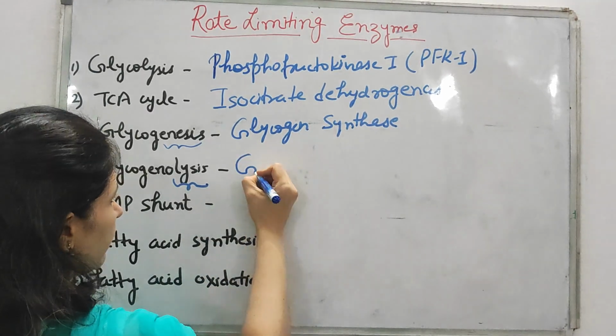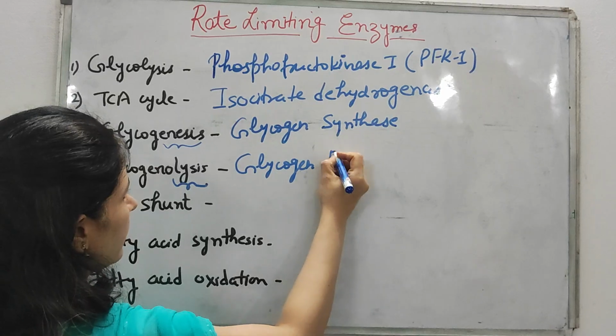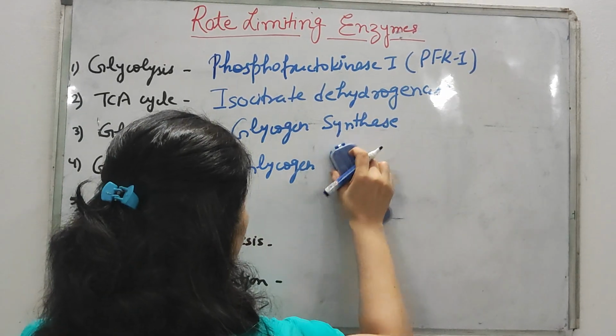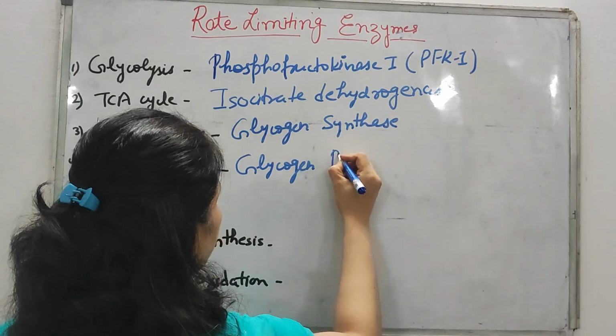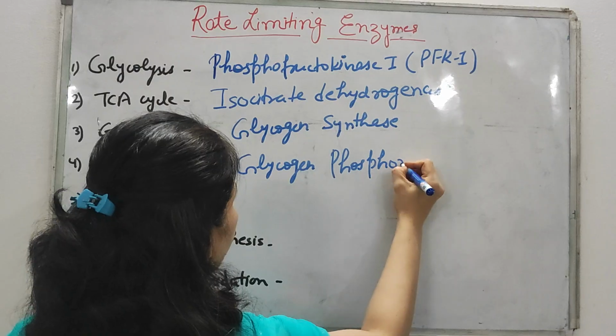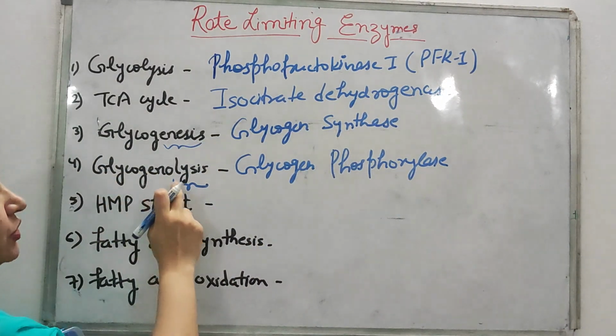Breakdown of glycogen is caused by which rate limiting enzyme? It is glycogen phosphorylase.